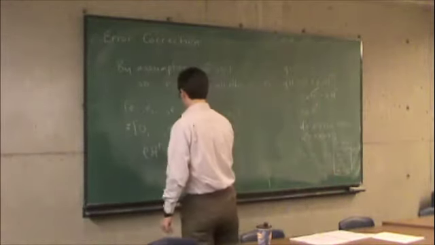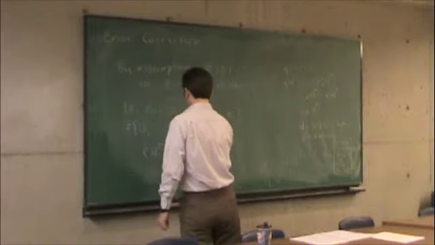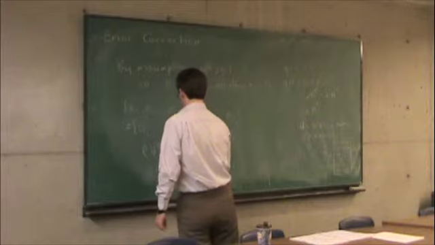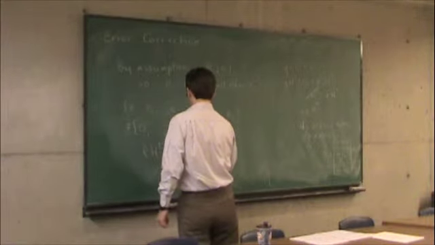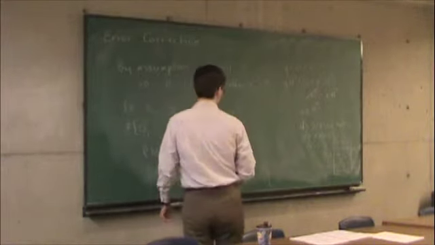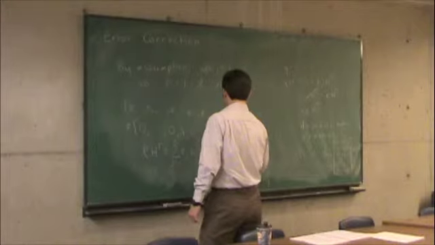So basically, E H transpose is the sum from j equals 1 to n of E_j h_j. But if they're all equal to 0 except E_i, then this necessarily equals E_i h_i.